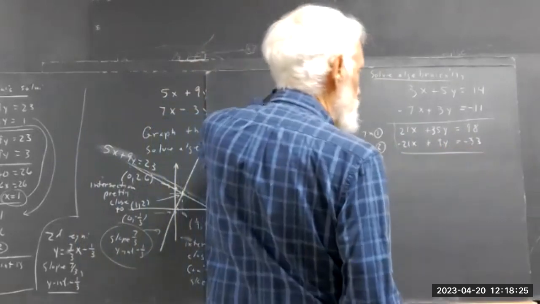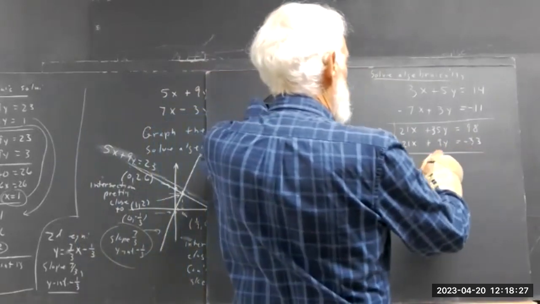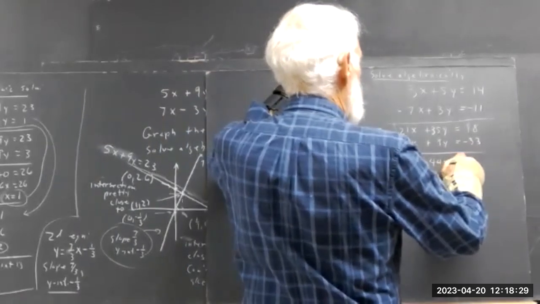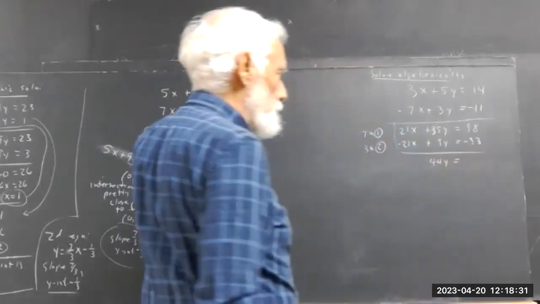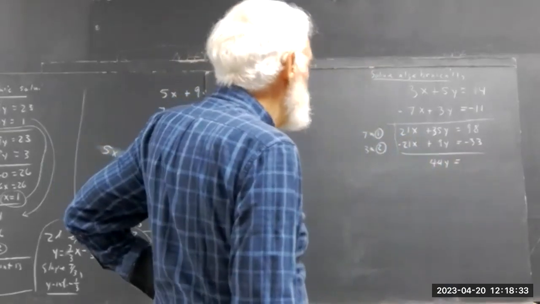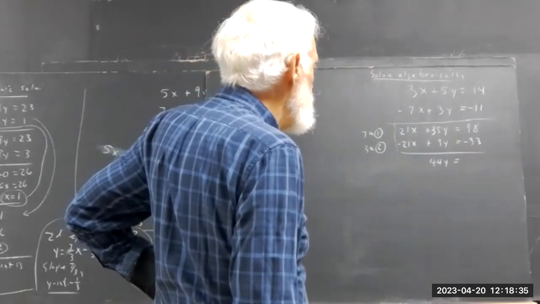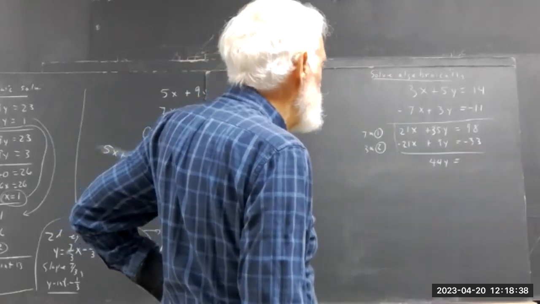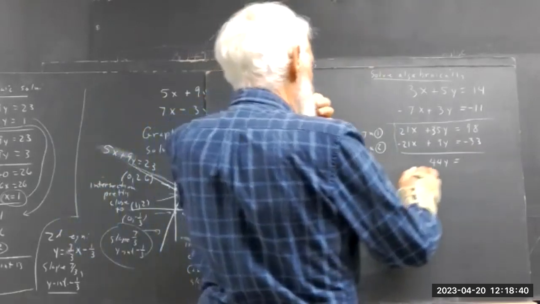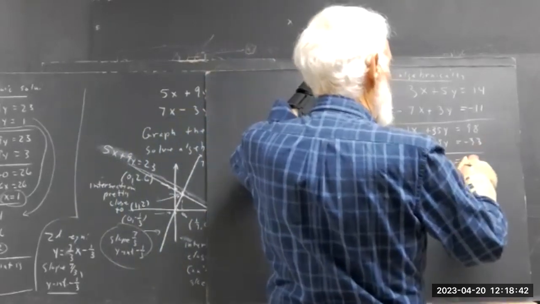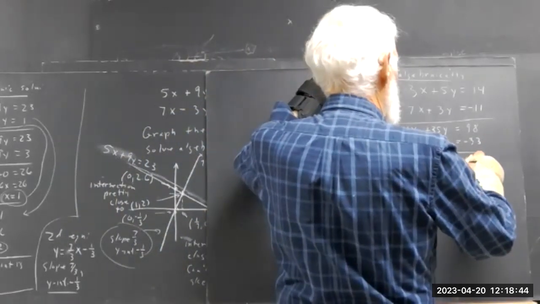Then I add my two equations, and I get 44y equals something that shouldn't be. What's going on? Well, my solution is going to be as nice as I wanted it to be. I get 44y equals 65.